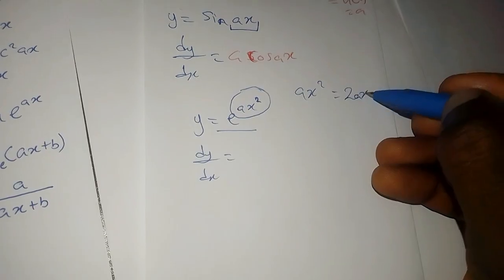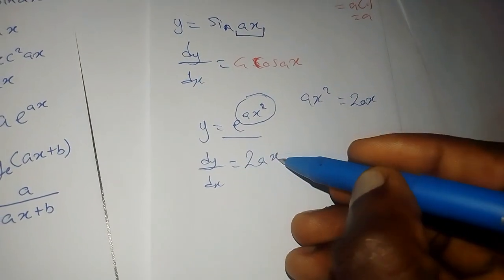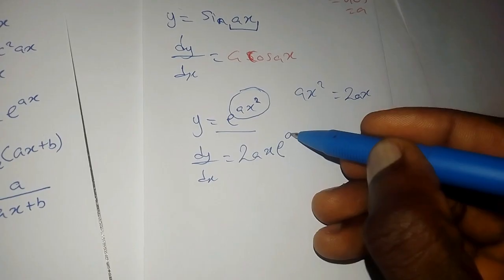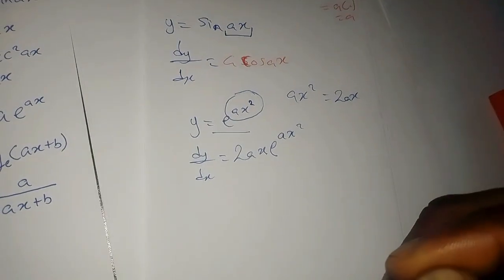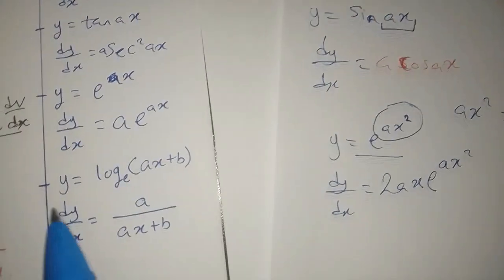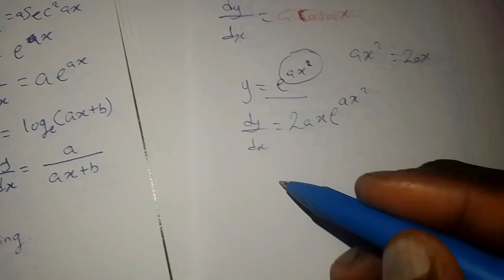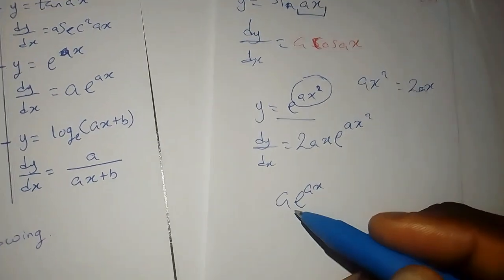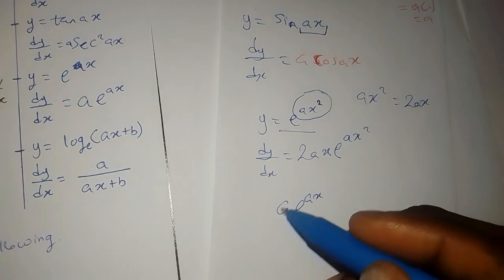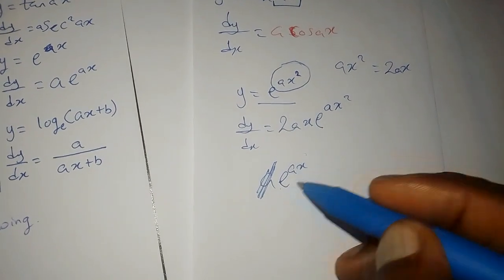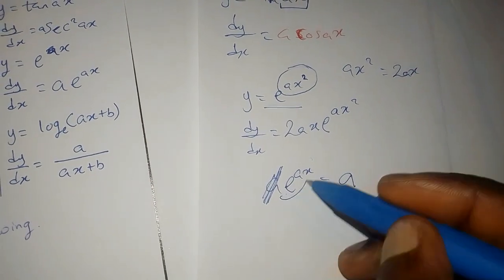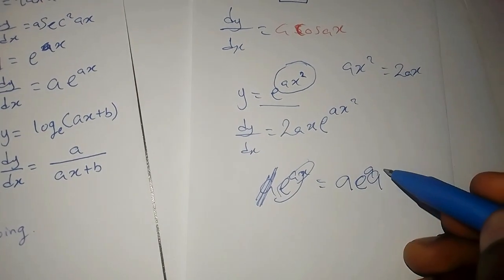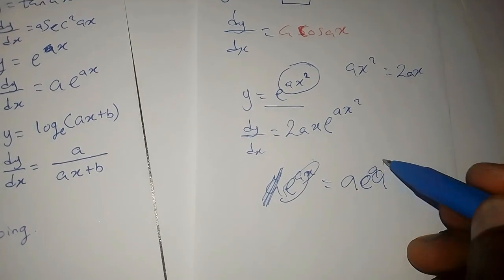So that will be 2ax times e raised to power ax². But for this other one, what they actually have is just e^(ax). If I differentiate this, I'm going to have a multiplied by the whole thing again, that's a e^(ax).